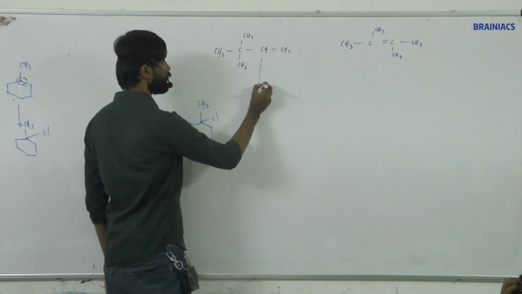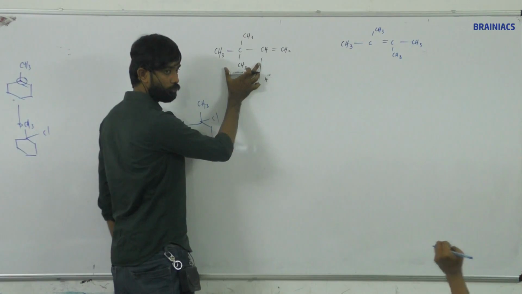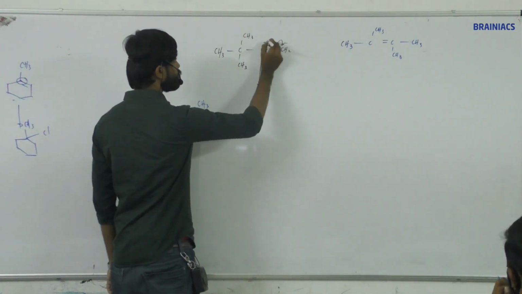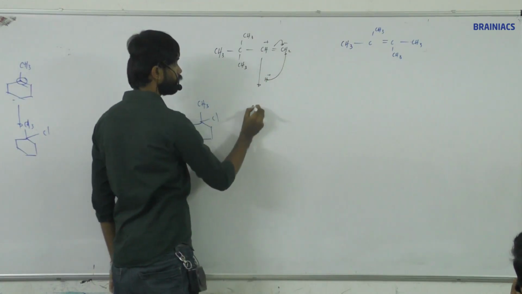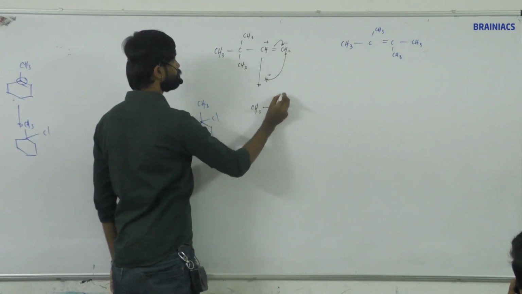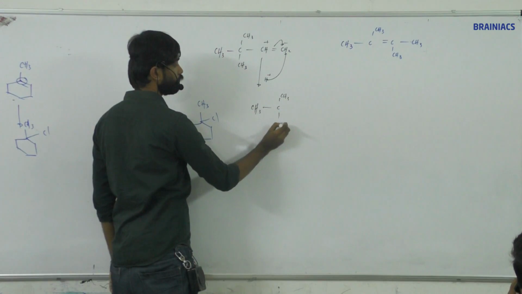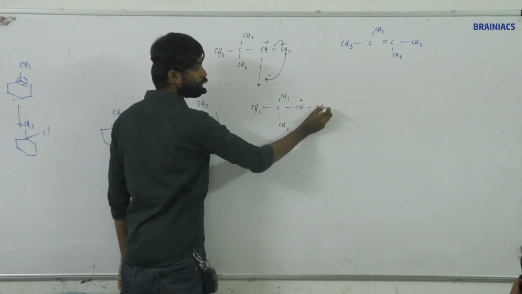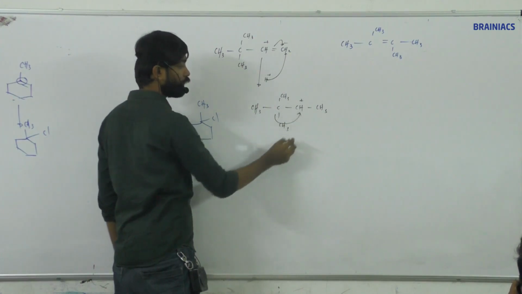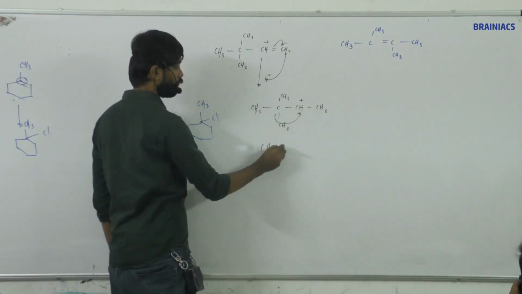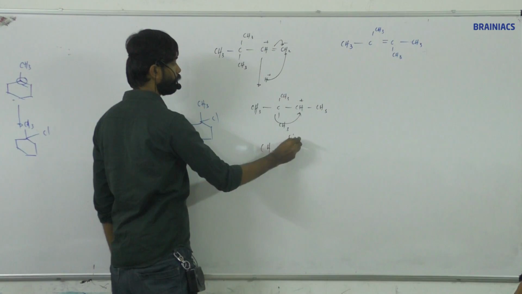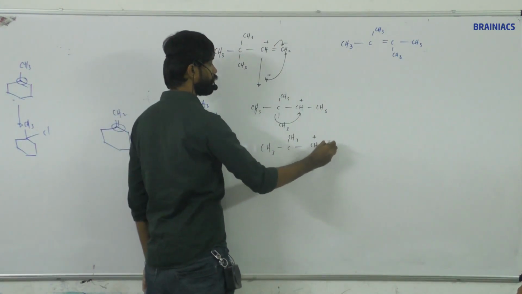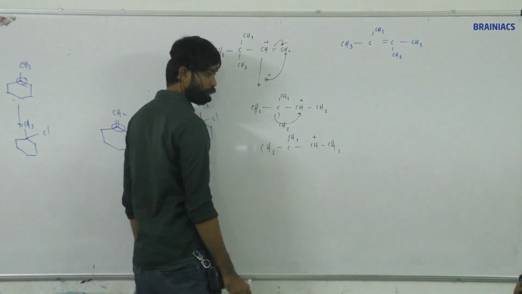This is in presence of acid. Let this be the first molecule. This is in presence of an acid. What happens? H plus adds, that generates a carbocation. Okay, secondary carbocation. There is a methyl shift to form a tertiary carbocation.